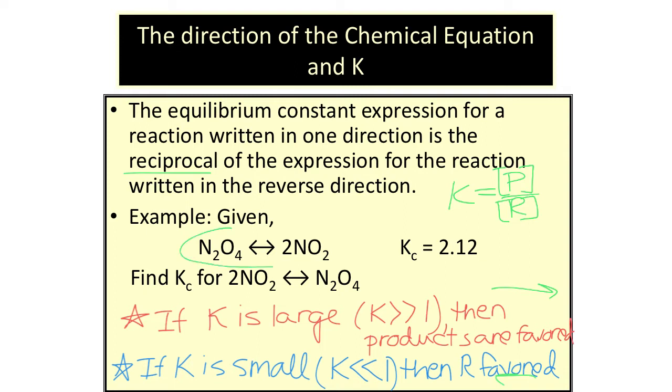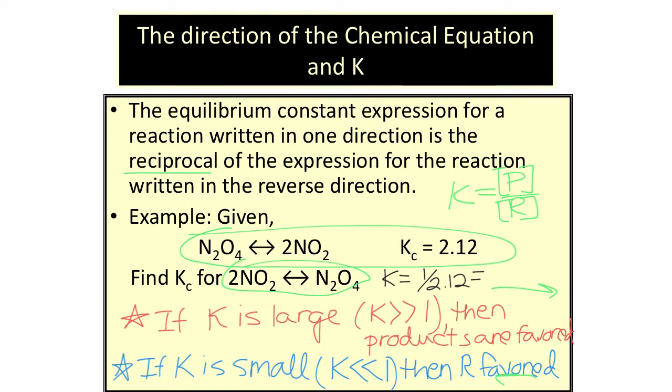So if this is our reaction here, and K for concentration has a value of 2.12, if we reverse the reaction, then it would just be the reciprocal of that. So 1 divided by 2.12, and put that into your calculator.